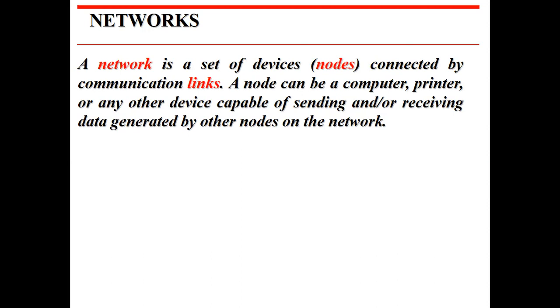A node can be a computer, printer, or any other device capable of sending and or receiving data generated by other nodes on the network. That is called a network.